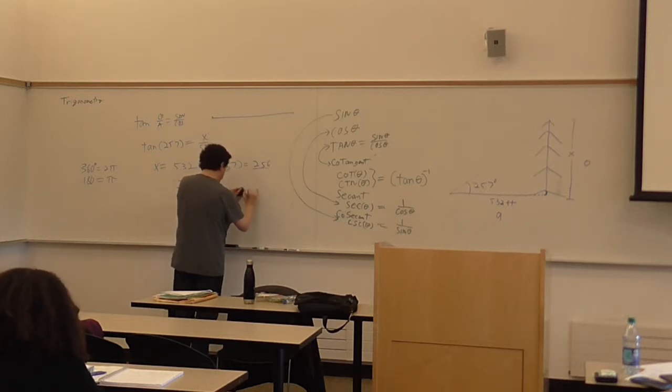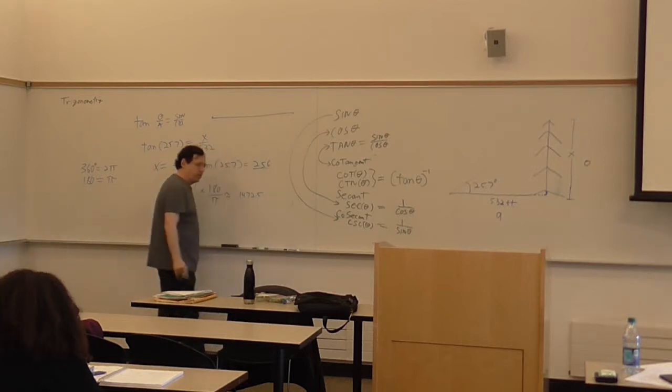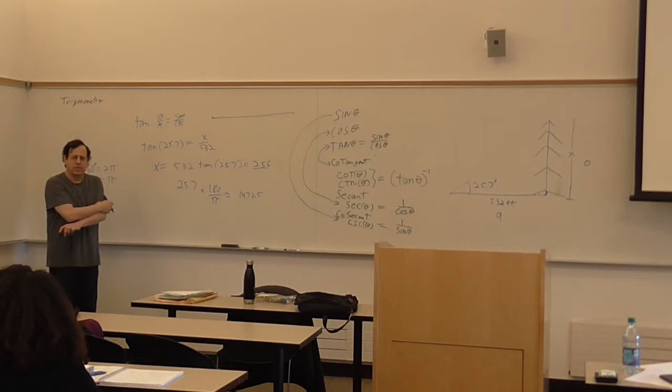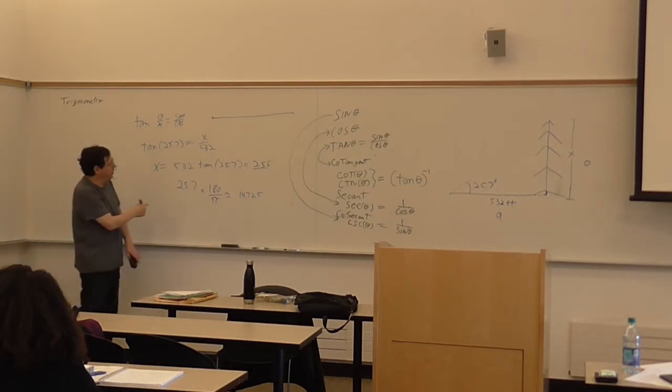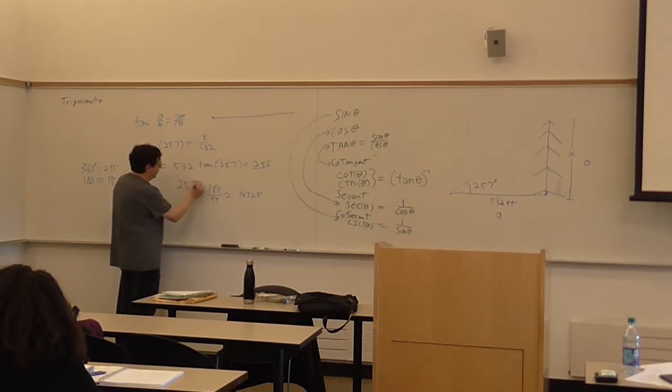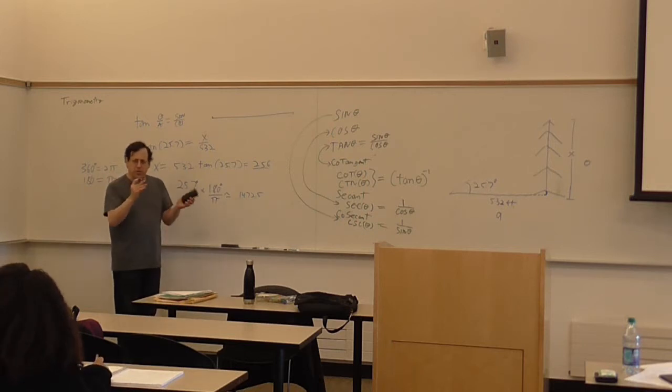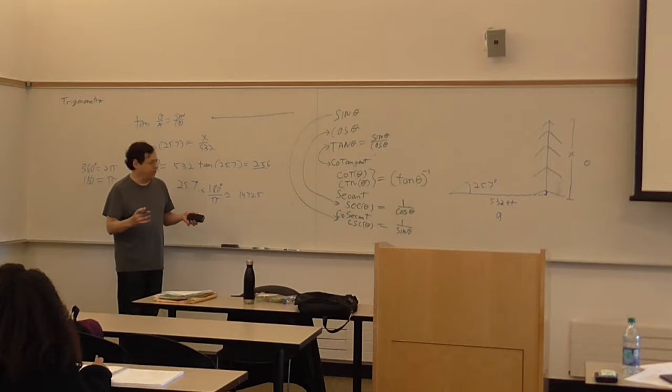1472.5. Yeah, that doesn't sound right, does it? What did we do wrong? Oh, wait a minute. This is degrees and this is degrees. To multiply degrees by degrees, I get degrees squared. That's not what I want, right? I want radians.